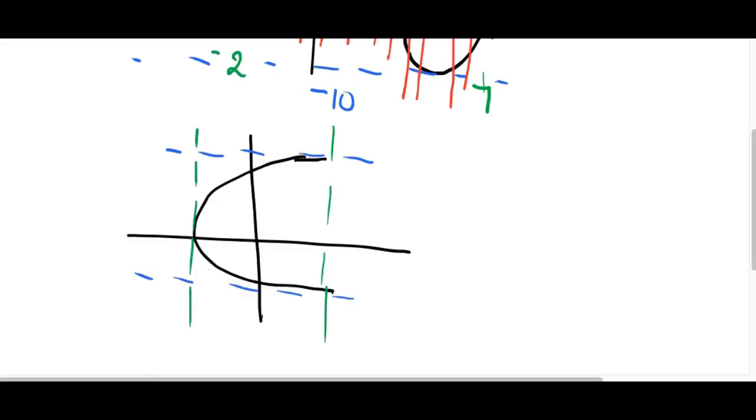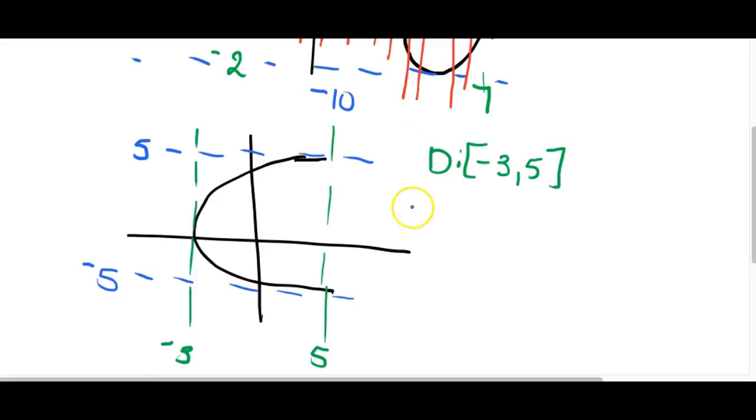And remember, these are kind of more or less guesstimates at this point. So let's say this is 5 maybe, -5. And then for our domain, maybe this is a -3, and this is a 5. So our domain for this would fall between -3 and +5. Our range, so our y values, would fall between -5 and +5.